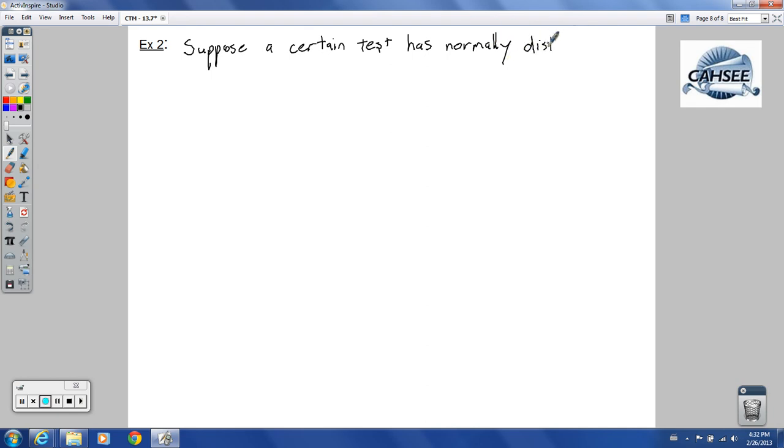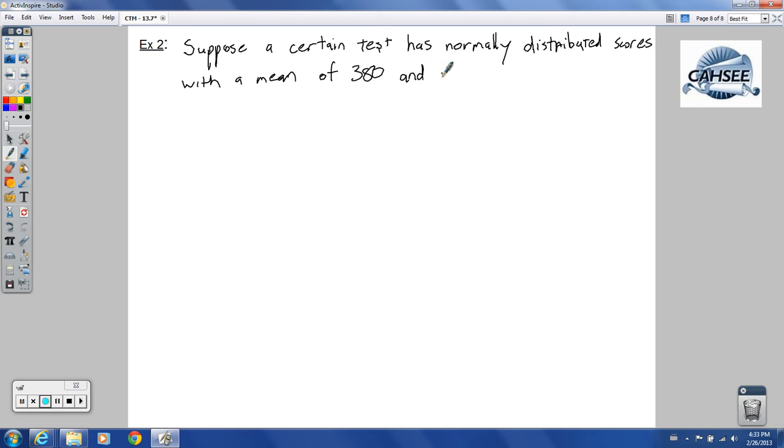So normally distributed scores with a mean of 380. 350 is passing. So we'll say though that the mean is the proficient mark, 380.